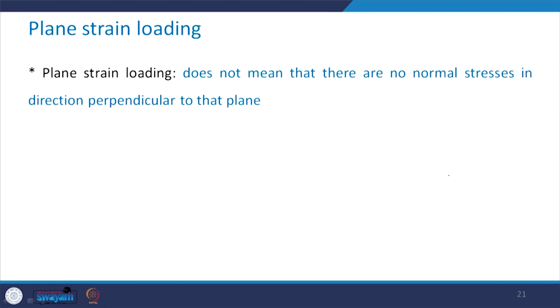Now, what will happen to the normal stress which is perpendicular to the plane? You see that plane strain loading does not mean that there are no normal stresses in the direction perpendicular to that plane. Normal strain is 0 in that direction, and in this case we have taken the xy plane, so perpendicular to that plane is the z axis.